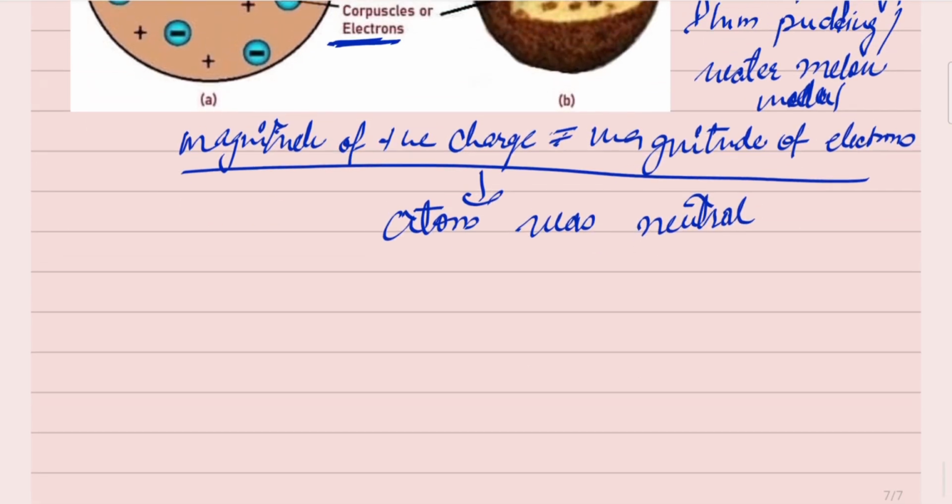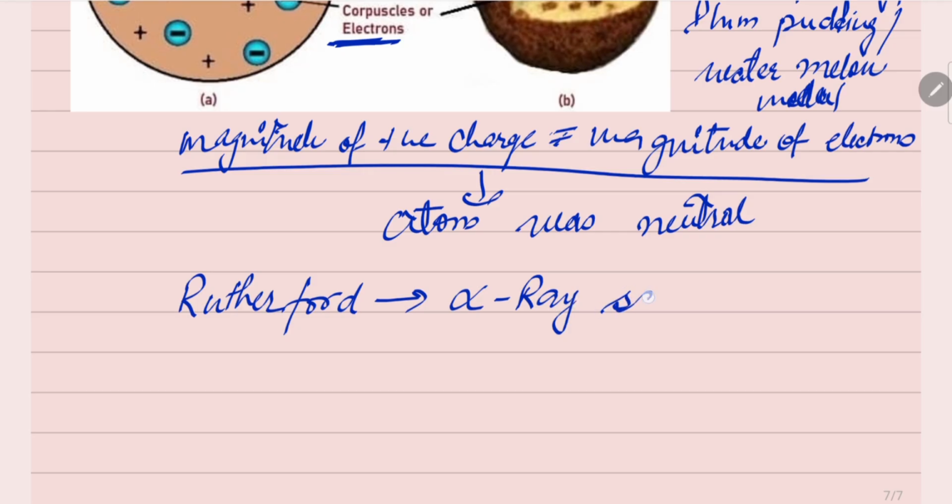One of his co-workers, known as Rutherford, actually performed an experiment called alpha ray scattering experiment, or alpha scattering experiment, through which he proved that the model given by J.J. Thomson was wrong.